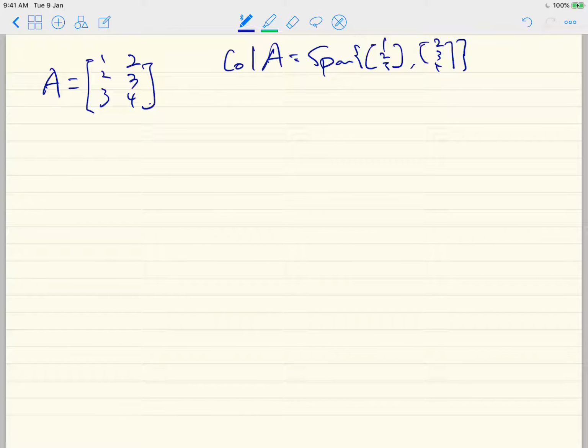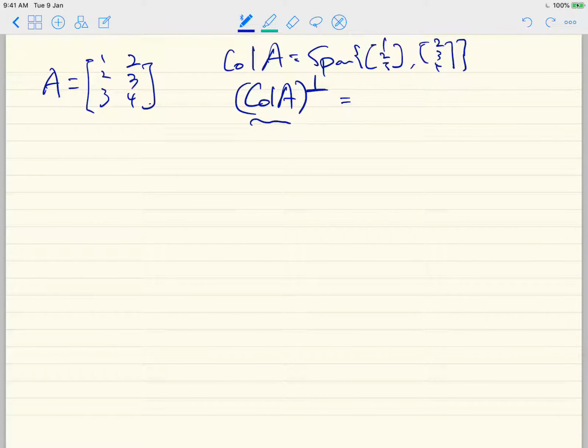Now we understand the meaning of the perpendicular of a particular subspace. So this is a subspace, right? And then what about its perpendicular? In this case we know that this set contains those vectors that are orthogonal to those two vectors, right?